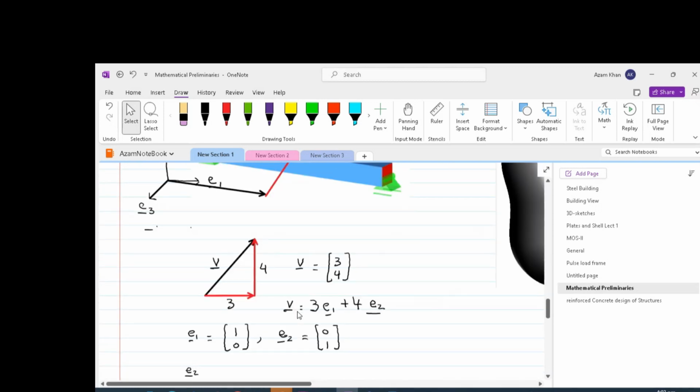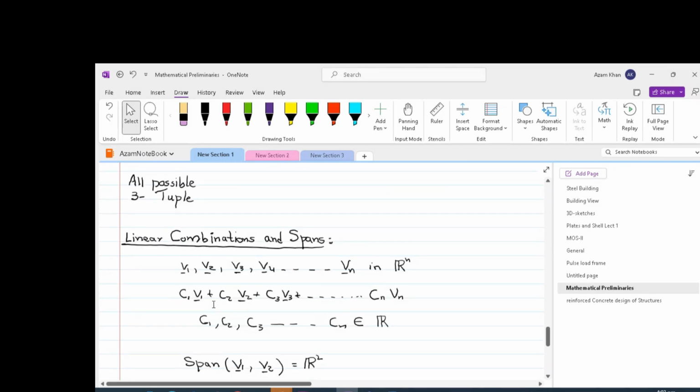However, the linear combination definition is broader than the simple resultant definition. Linear combination is telling us that if we combine any number of vectors within a real space, we can get any vector within that space.